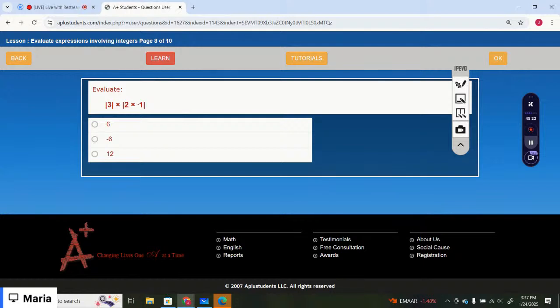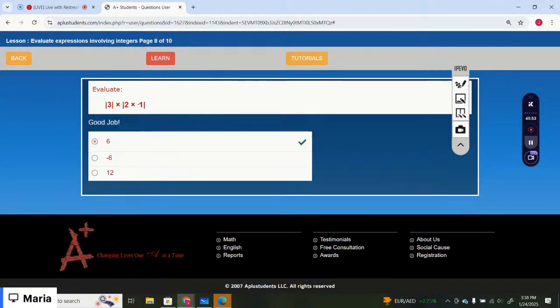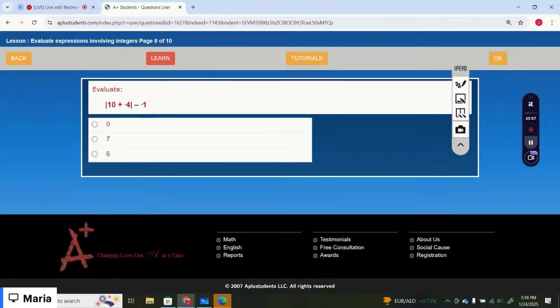Absolute value of 3 times 2 times negative 1, which is the correct option? That is 6. Option number 1 is the correct option. Evaluate absolute value of 10 plus negative 4 minus negative 1.